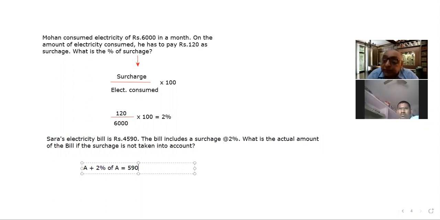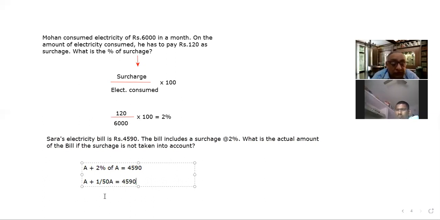Here we need to find the value of A. So A plus 2 upon 100, meaning A plus 1 upon 50 A, is equal to 4590, the total amount of the bill.